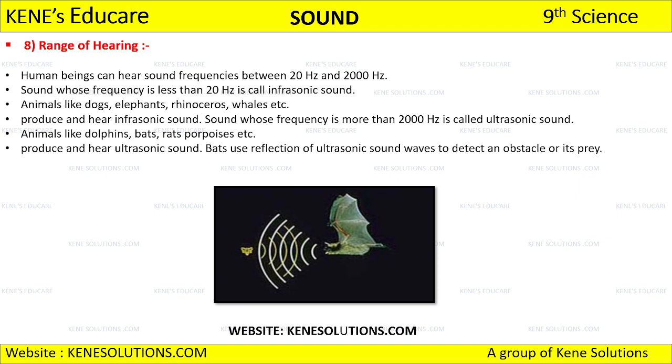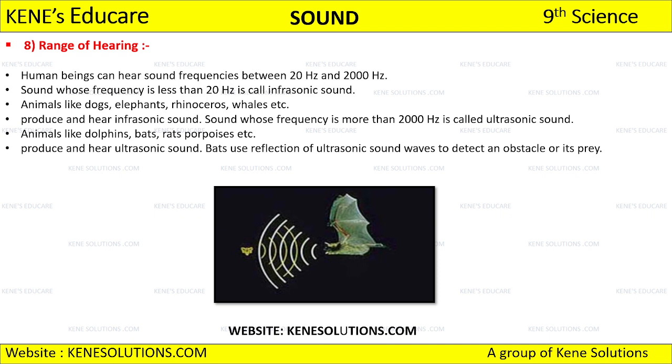Then sound whose frequency is more than 20,000 hertz is called ultrasonic sound. So we have two types of sounds here: infrasonic, which is less than 20 hertz, and ultrasonic, which is more than 20,000 hertz. Animals like dolphins, bats, rats and porpoises are able to listen to this sound, and they can even produce this ultrasonic sound.